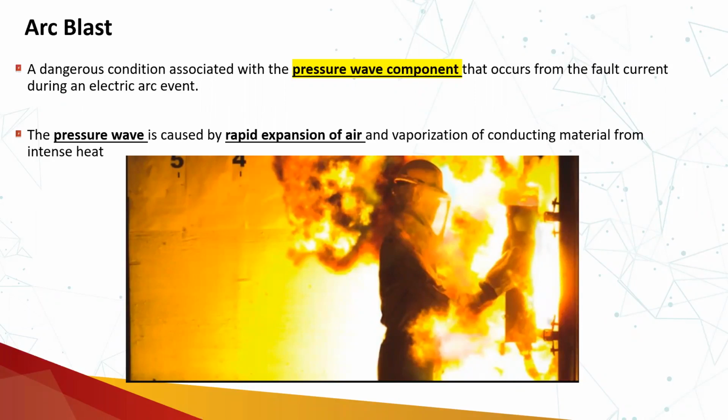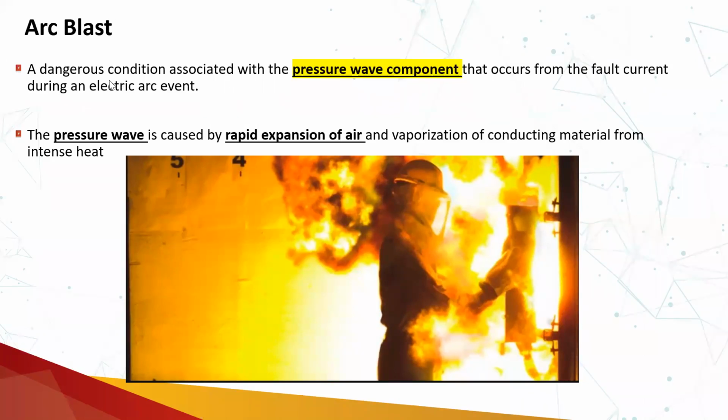If the electric arc persists and has enough capacity, then it is converted into an arc flash event. And if the arc flash event has enough capacity to cause rapid expansion of air, then it is converted into an arc blast event.